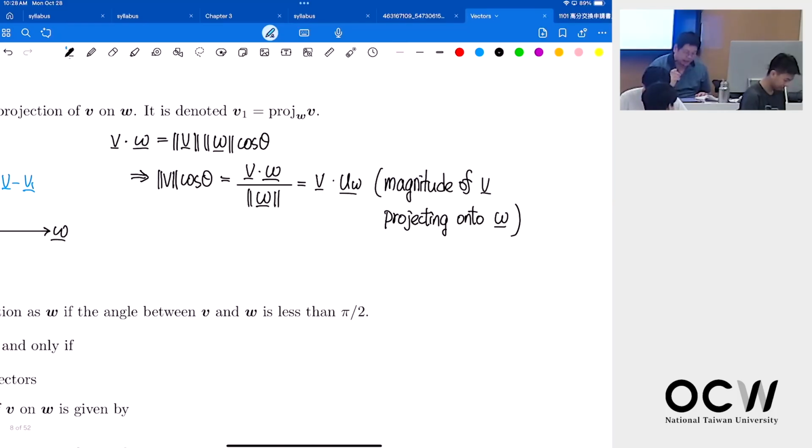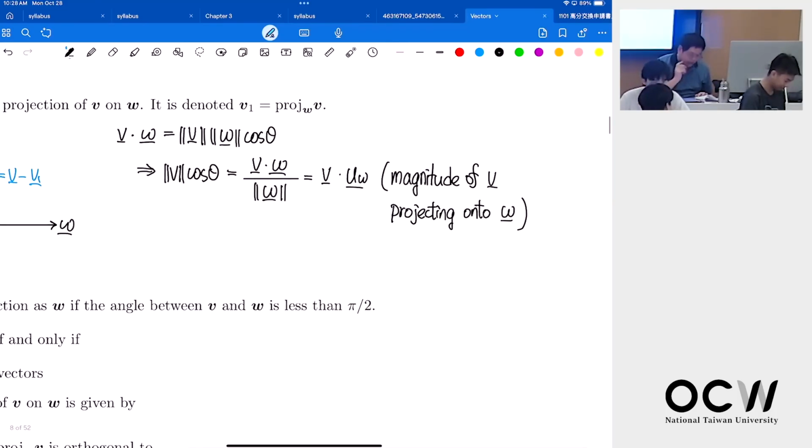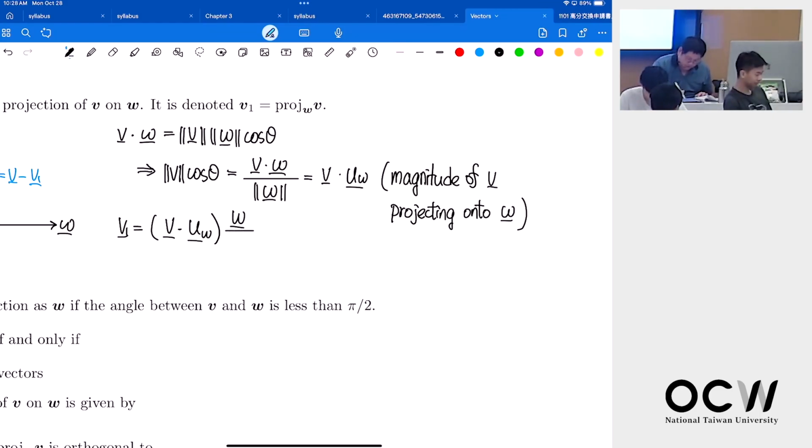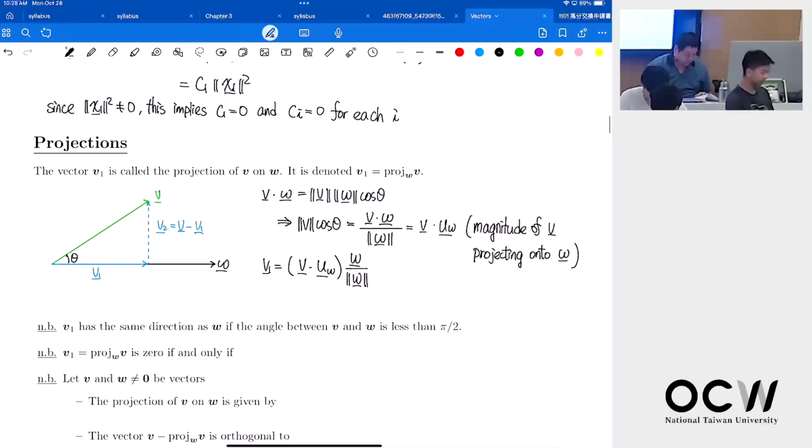It's a magnitude, and I need a vector. So the vector v1 will be the magnitude. For a vector, I need the magnitude and the direction. So here, the direction will be the unit vector in w. Okay? I need the magnitude and the direction.